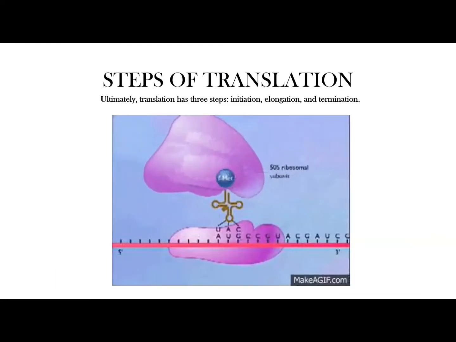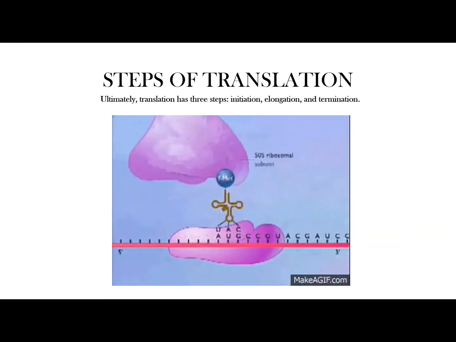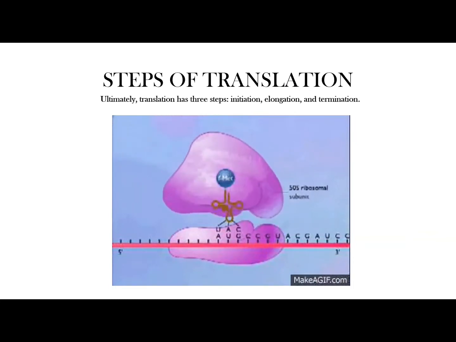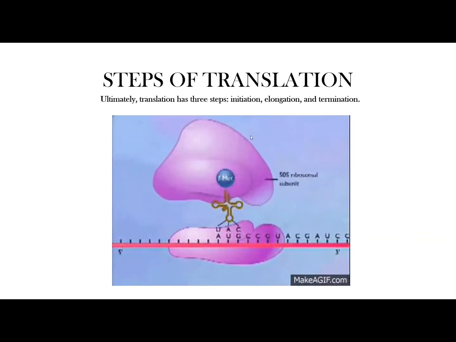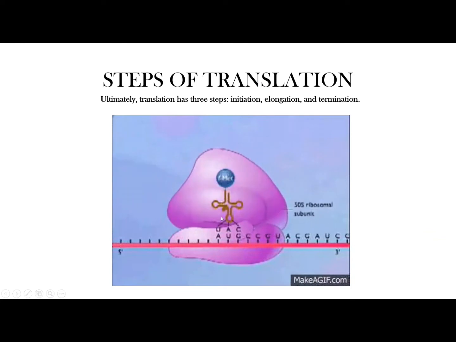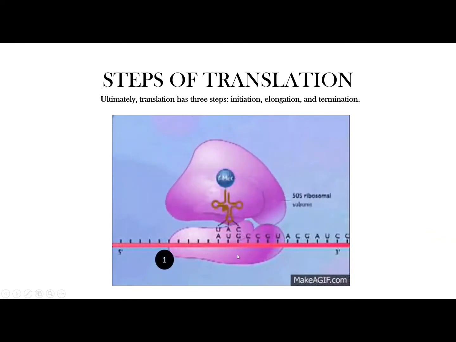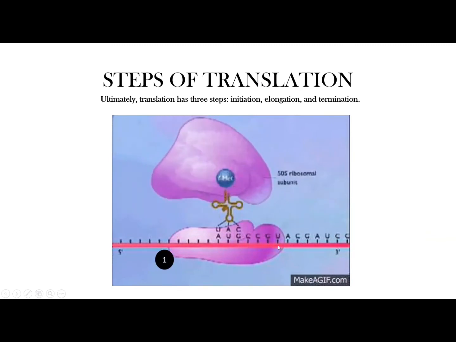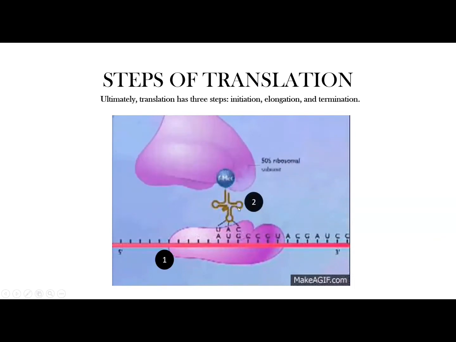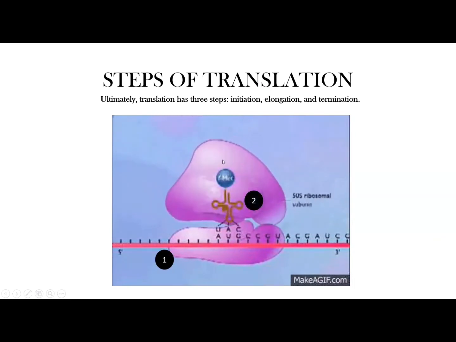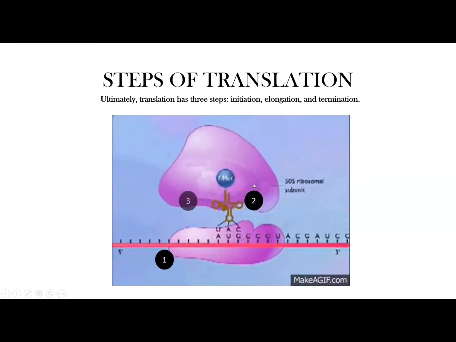Now I'm going to briefly explain the translation process. Translation has three steps: the initiation step, elongation step, and termination step. The first step is the small subunit of the ribosome attaching to the mRNA strand, and then the tRNA binds with the large subunit of the ribosome.